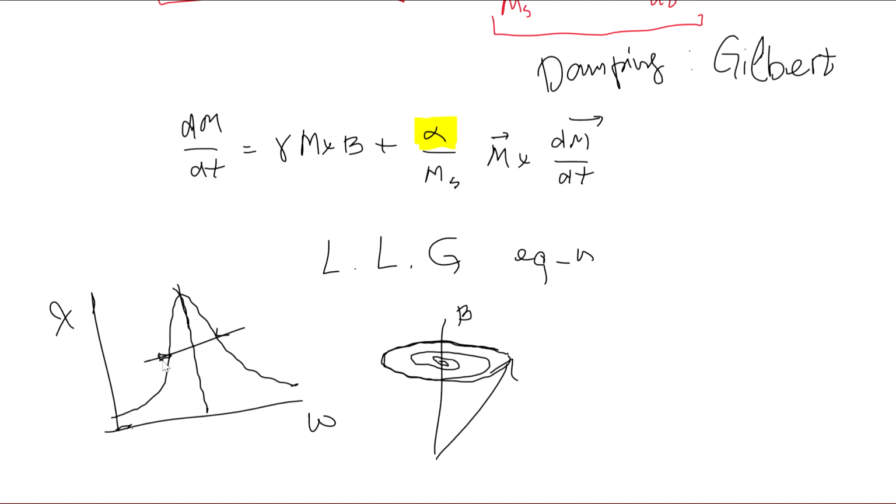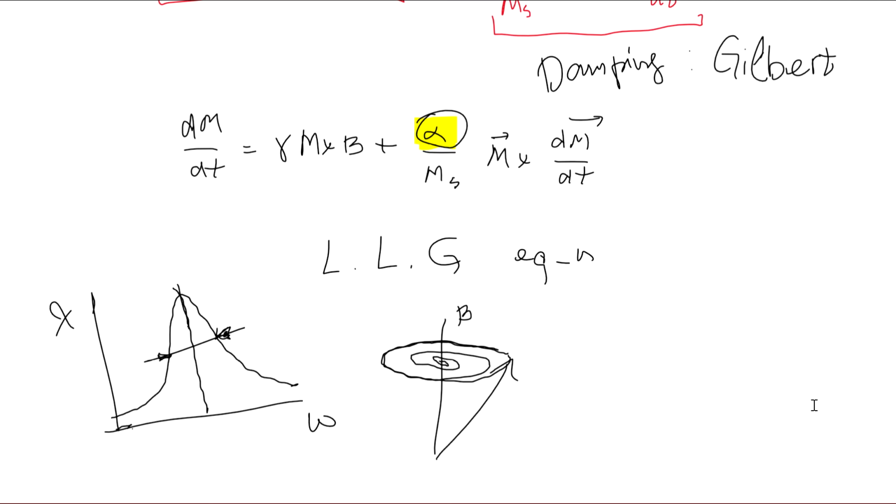So line width is indicative of damping. The bigger the damping, the wider the line width. Smaller damping, the more narrow line width you have.